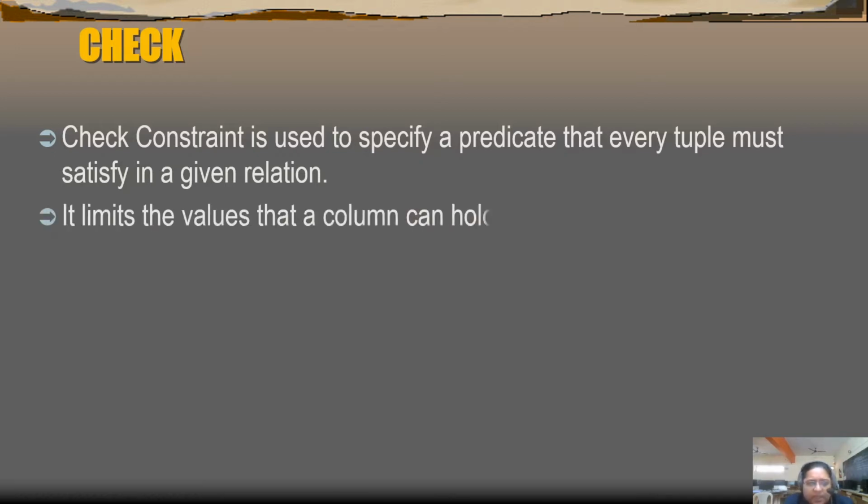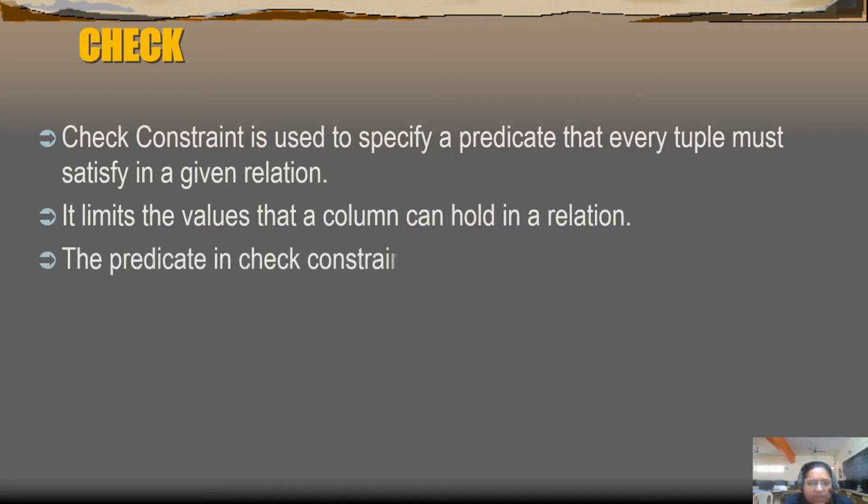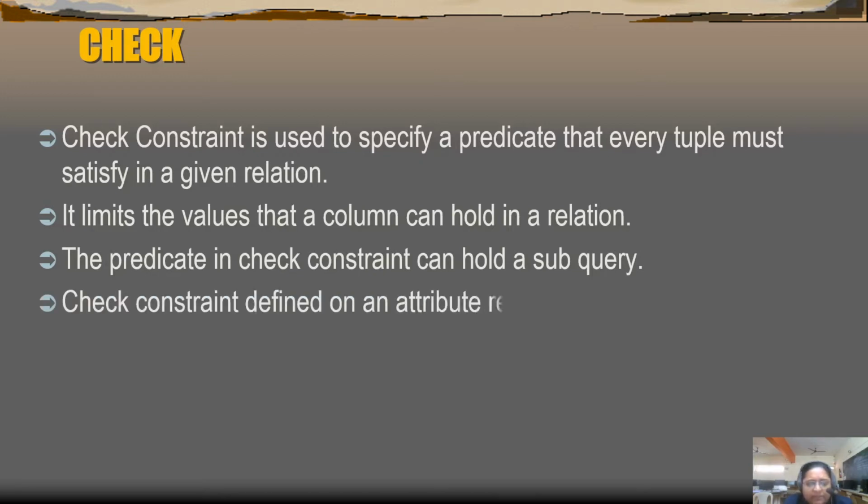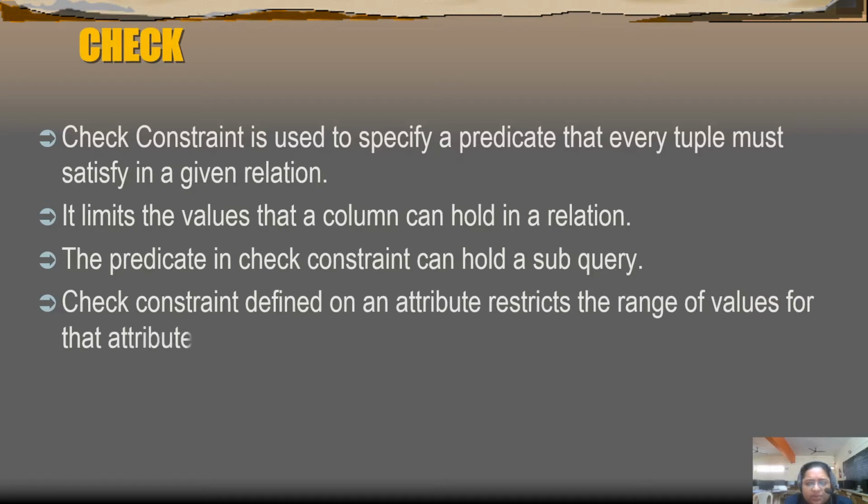It limits the values that a column can hold in a relation. The predicate in a check constraint can hold a subquery. So basically it is to restrict the user to enter only the type of data which is acceptable in the table. A check constraint defined on an attribute restricts the range of values for that attribute.